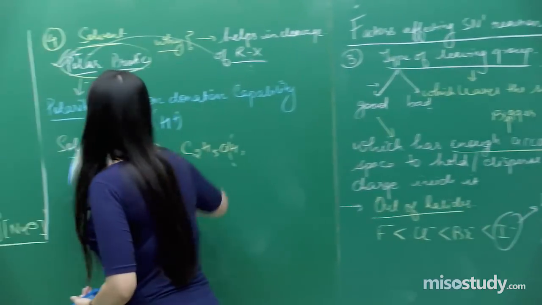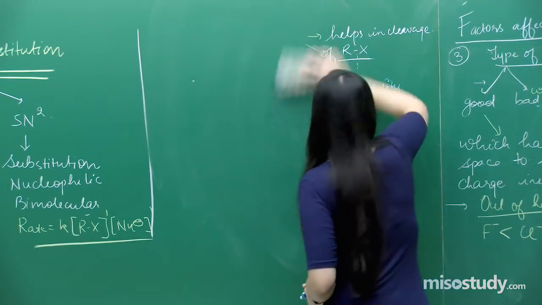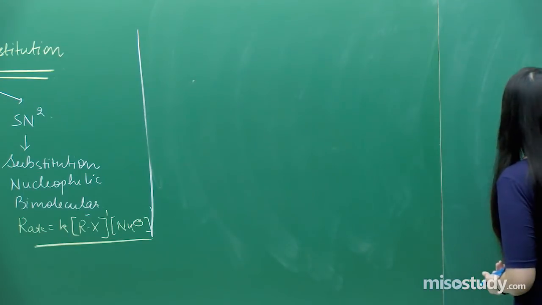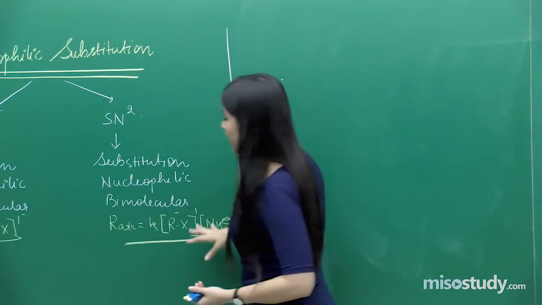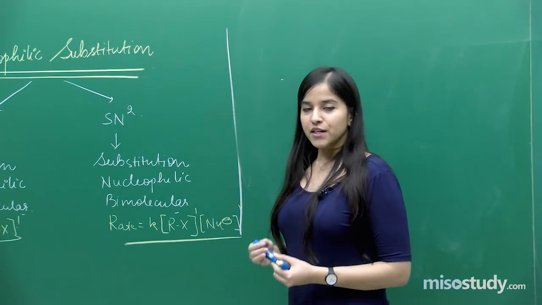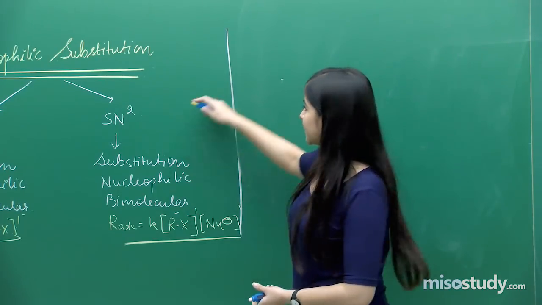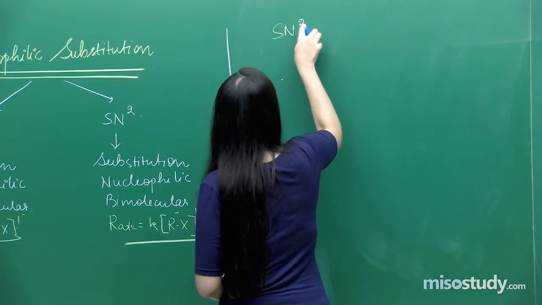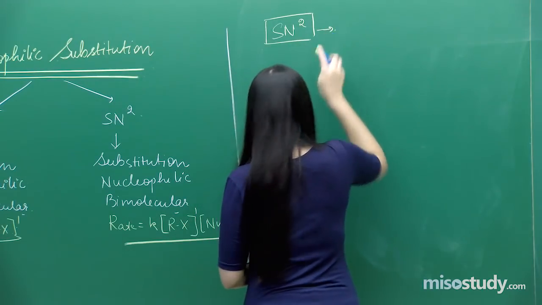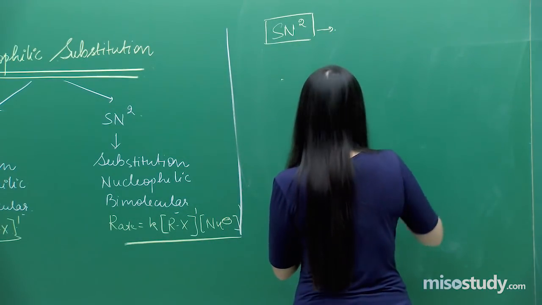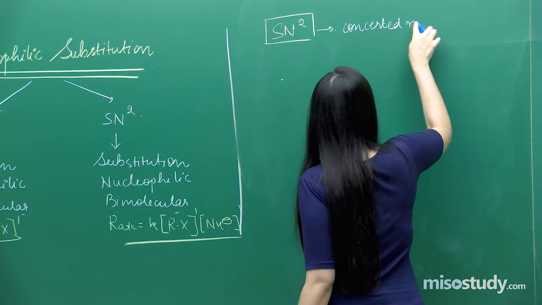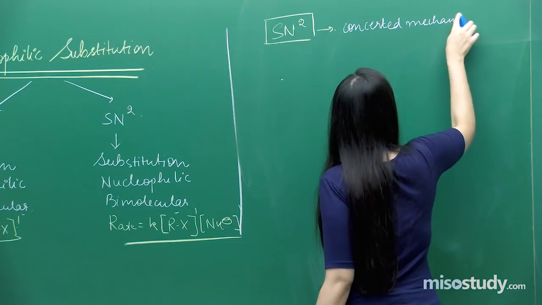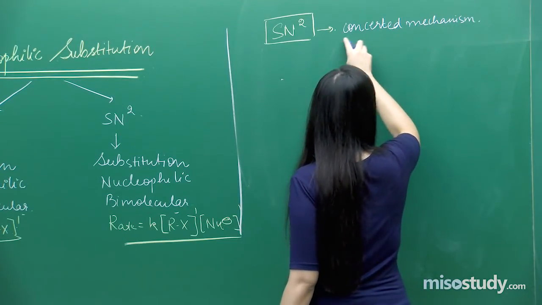Now let's take up the very next, that is known as the Sn2 mechanism. As I told you, Sn2 mechanism, substitution nucleophilic bimolecular, right? I had given you a hint regarding this, that the Sn2 mechanism is basically known as, now hear me out very clearly, concerted mechanism, right?